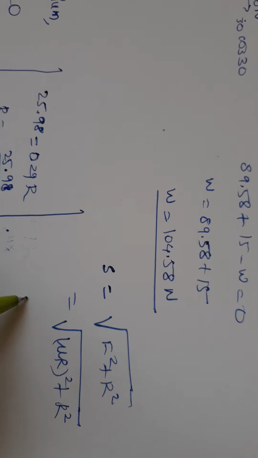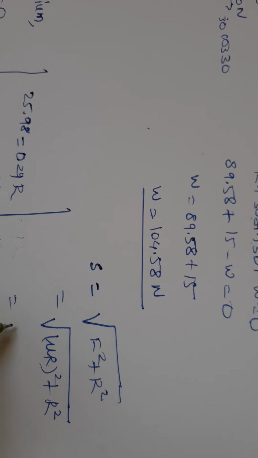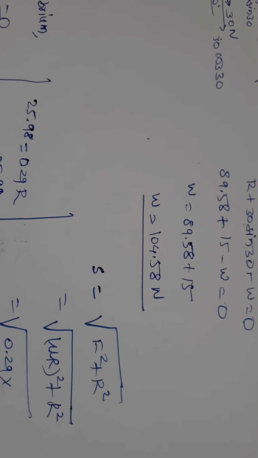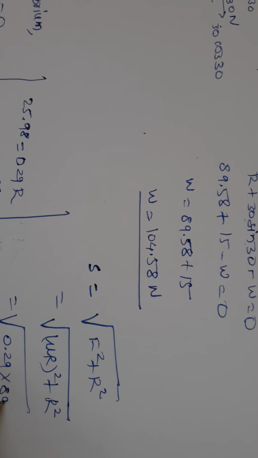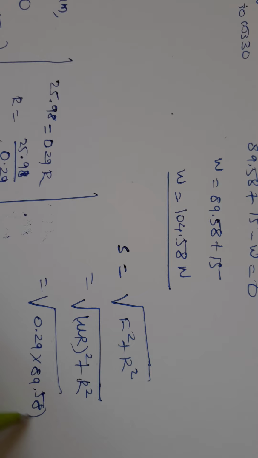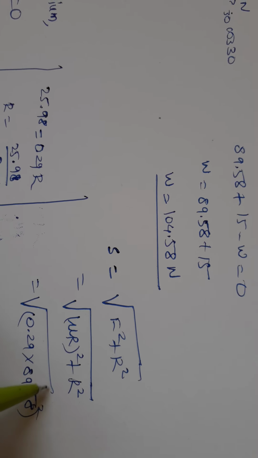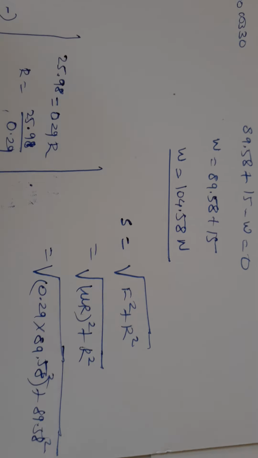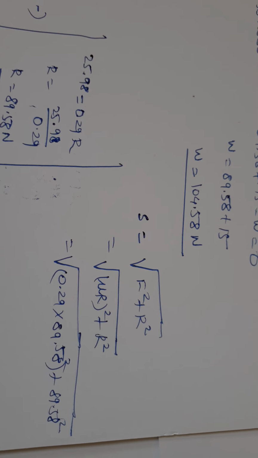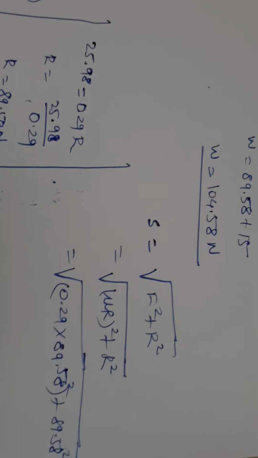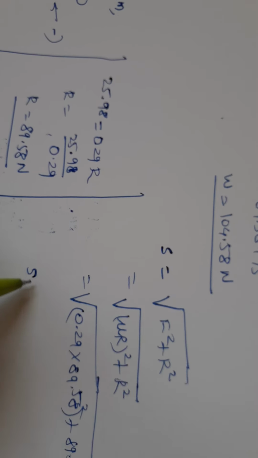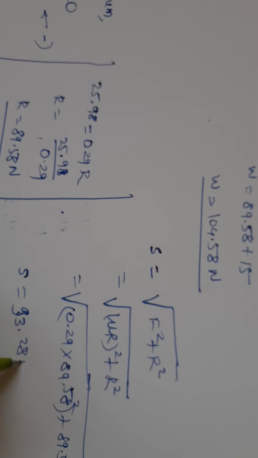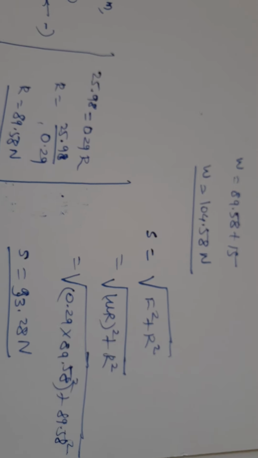So we will put the value of mu as 0.29 here, R as 89.58 plus R square. So if we calculate this, we will get S as 93.28 Newton. In this way we can solve this problem.